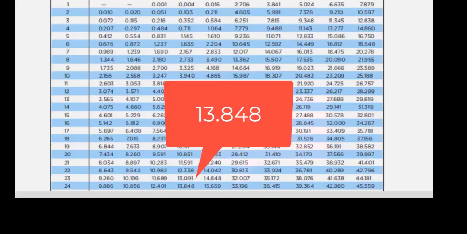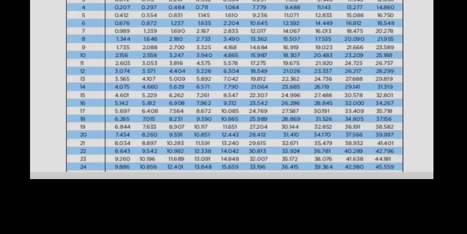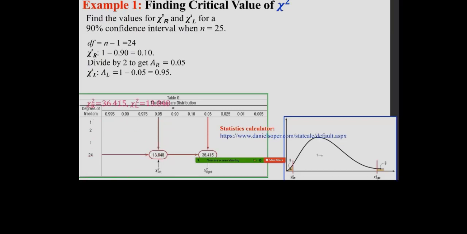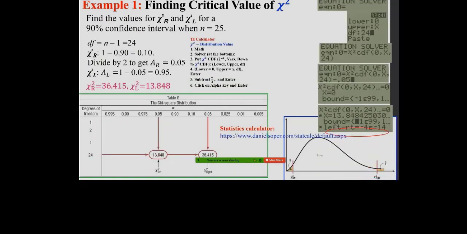And then you look up 0.05 and you read 36.415. So this is how you read the table. When you read the table, be extremely careful. What do you need? The area to the right.